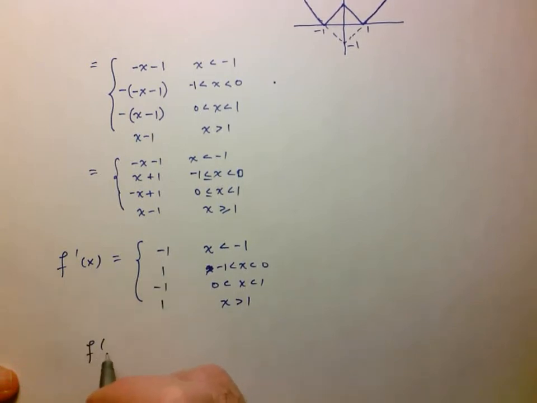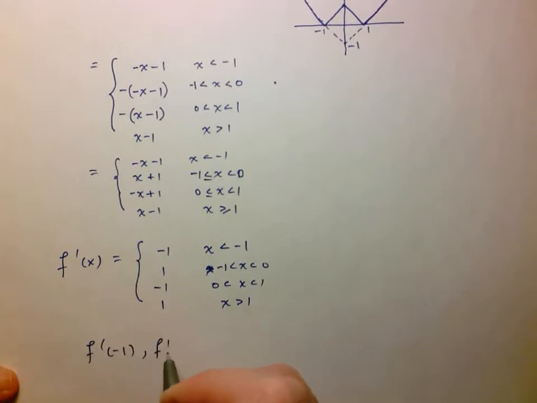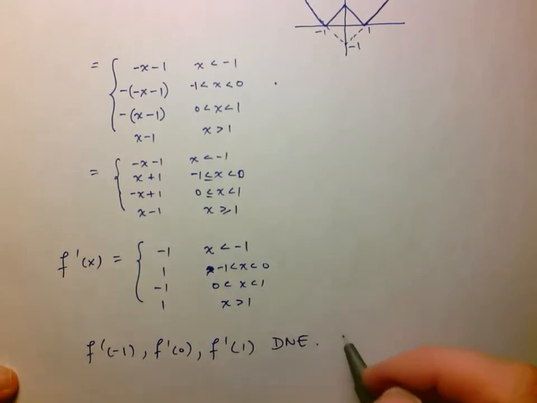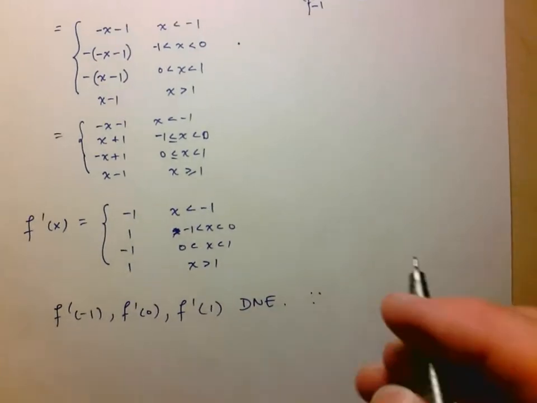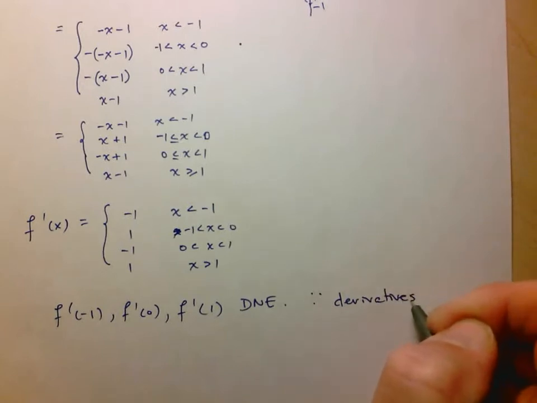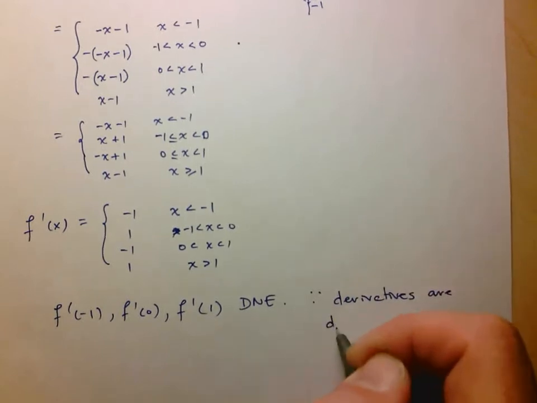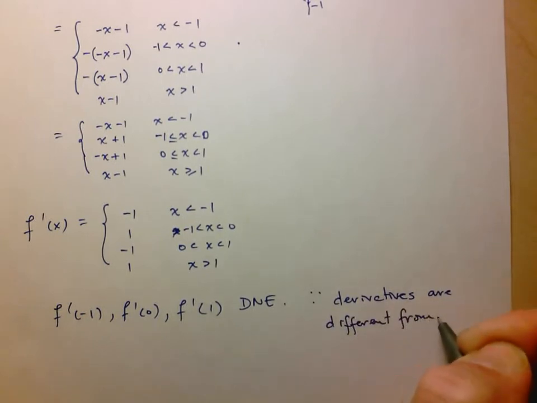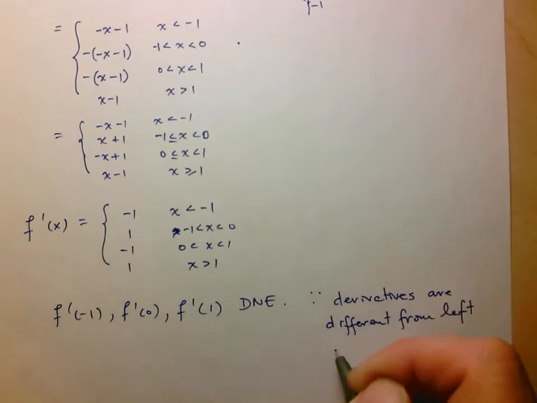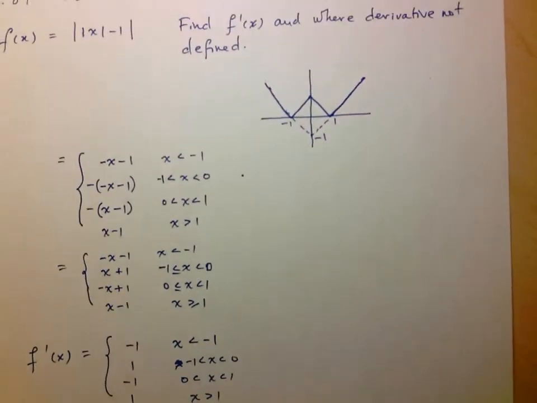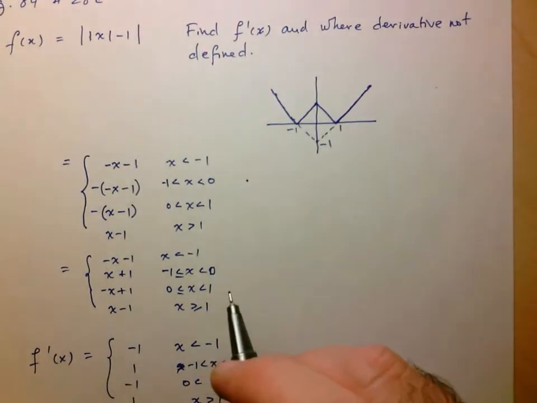So we can say that f prime at negative 1, f prime at 0, and f prime at 1 do not exist, since the derivatives are different from left and right. This matches exactly our original conjecture based on the graph.